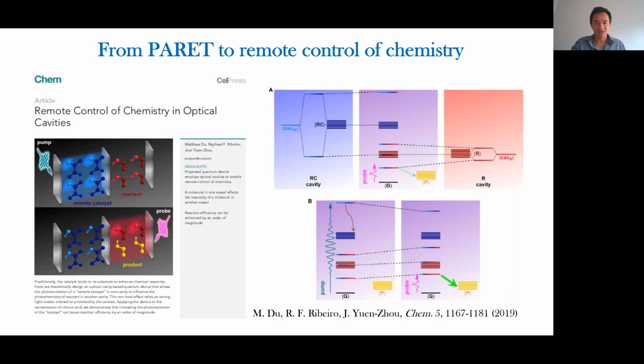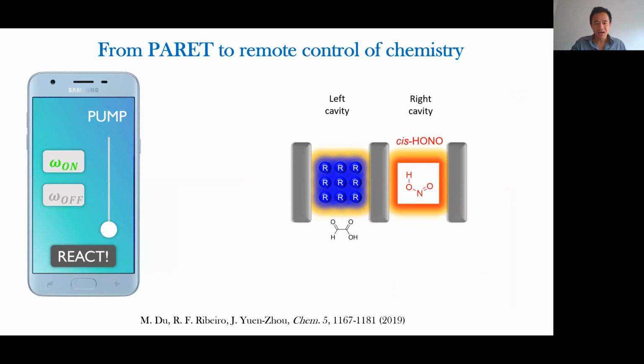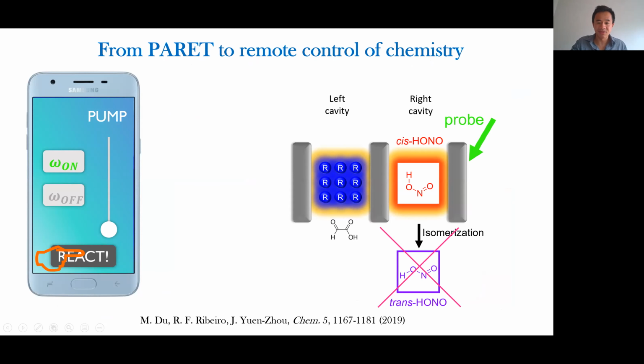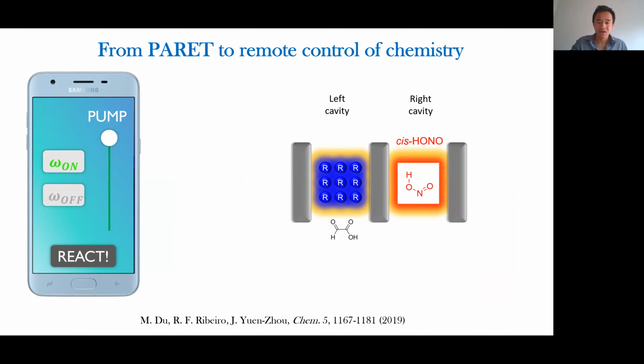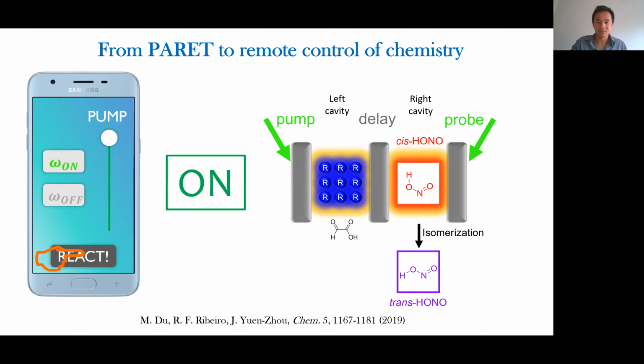This is a paper in Chem, and the idea is, let's take some left cavity and put some remote catalysts, and if you excite the molecule, there is no isomerization. But if you pre-excite the left cavity, there is isomerization.